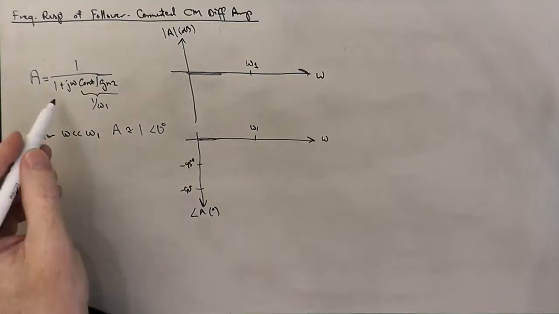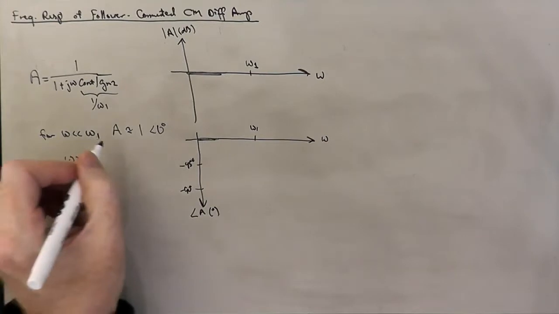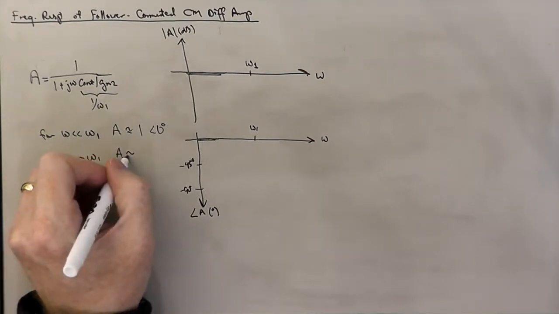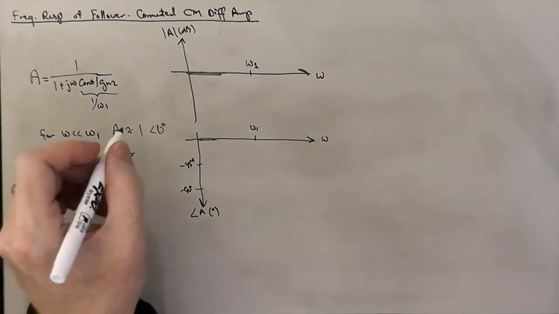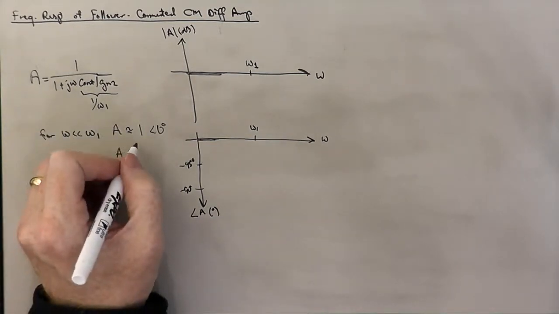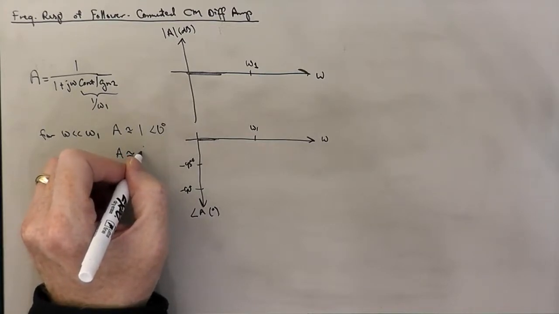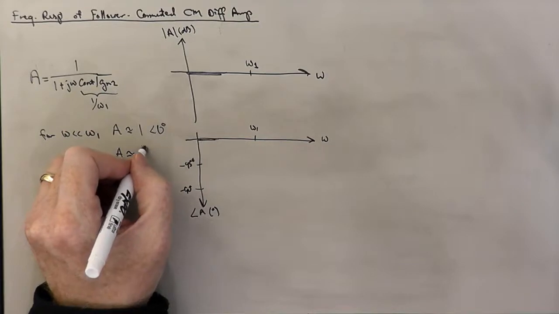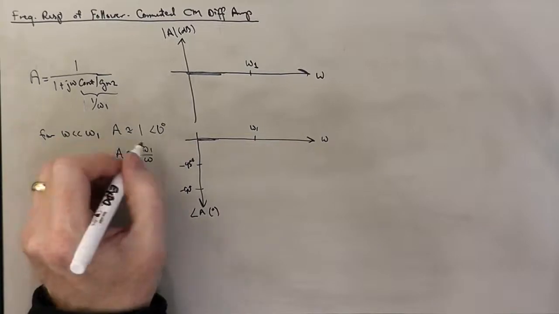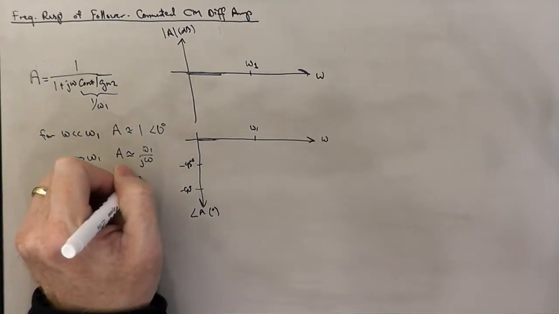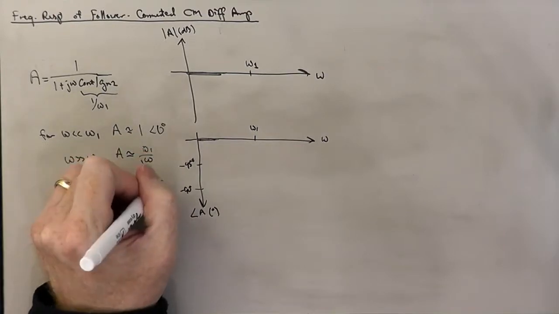And for omega much greater than omega 1, A is going to be basically, well, that's going to make this the dominant term. The omega 1 is going to pop upstairs, omega 1 over j omega, and that's basically omega 1 over omega angle minus 90.